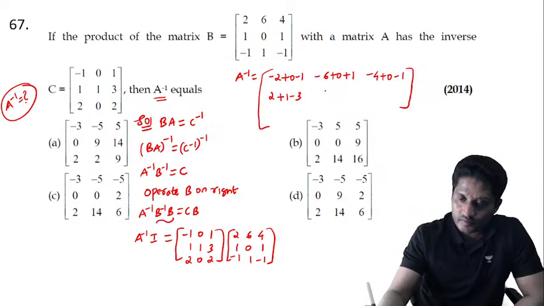Second row, second column, you will get 6 plus 0 plus 3. Second row, last column, you will get 4 plus 1 minus 3. Third row, first column, you get 4 plus 0 minus 2. Third row, second column, you will get 12 plus 0 plus 4 plus 2. And last row, last column, you get 8 plus 0 minus 2.